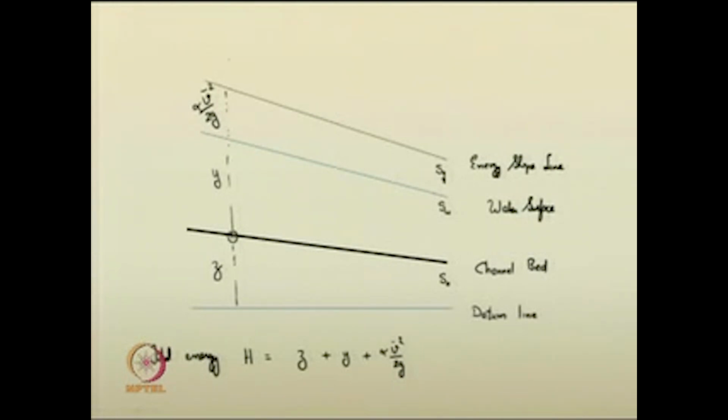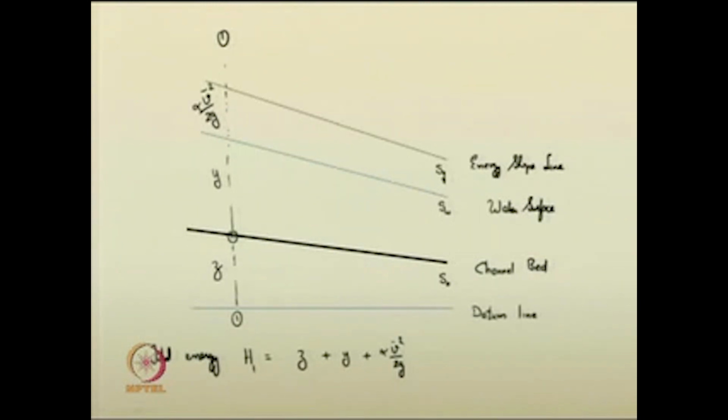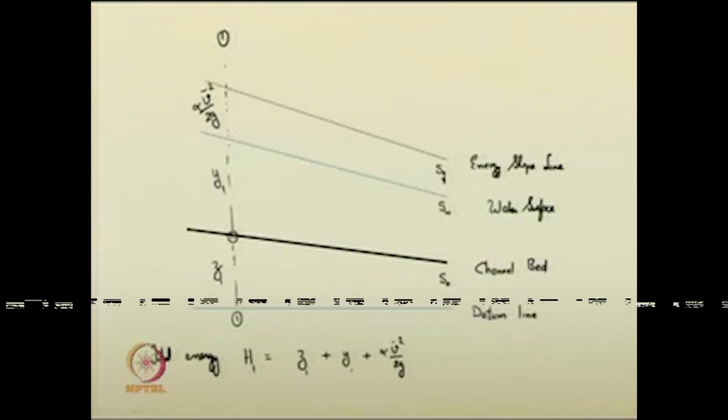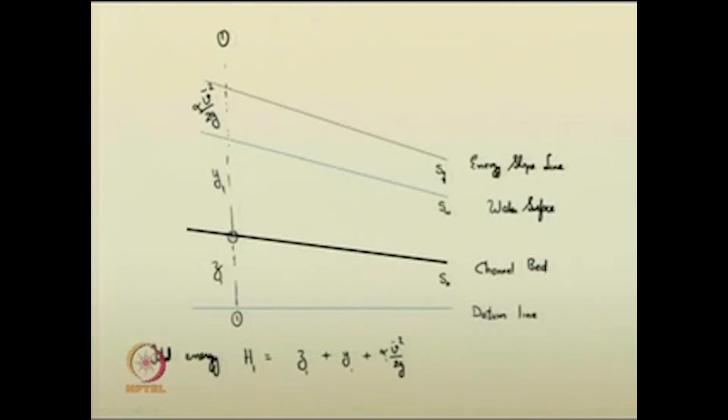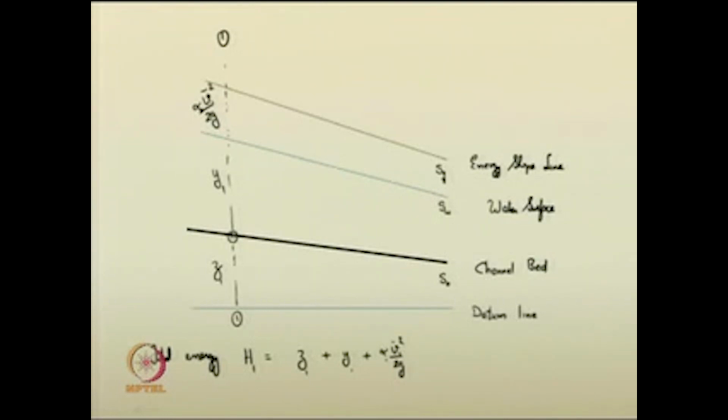If I consider this as section 1, then the energy head at section 1 is H1 equal to Z1 plus Y1 plus alpha 1 V1 squared by 2g. Like this we can write.